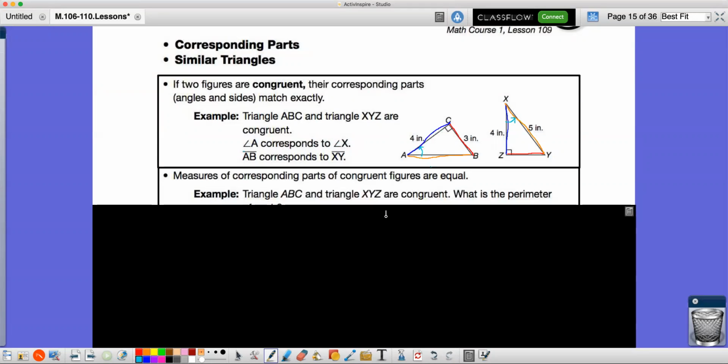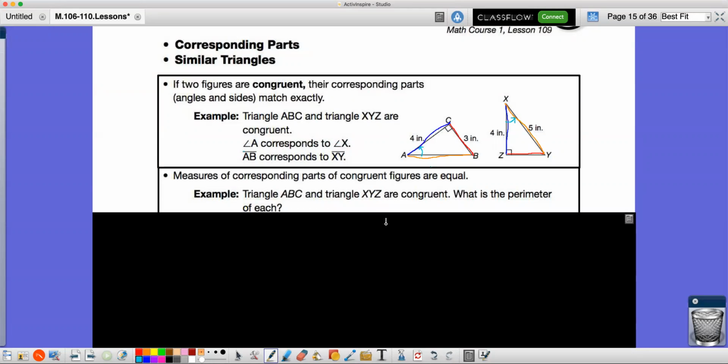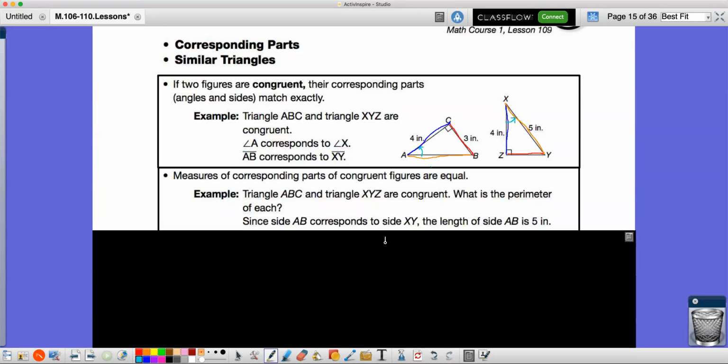So when you have triangle ABC and triangle XYZ being congruent, you can tell what the perimeter of each of those triangles will be. Since side AB corresponds to side XY, then you can tell that the length of side AB is going to be 5 inches, because we see that side XY was 5 inches. Those correspond, so they're equal.